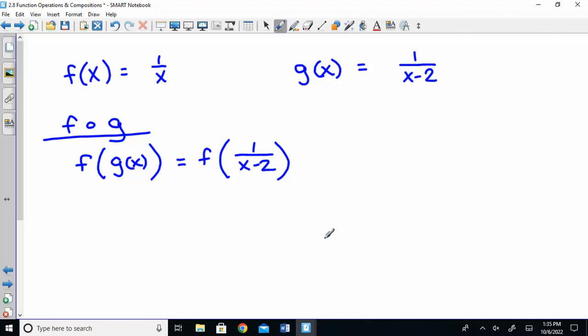And what do I have to do with that? I have to put it into f, right? So, if this were like f of 3, you would just replace your x with a 3. Since it's f of this whole thing, I'm going to f and I'm replacing my x with that whole thing.